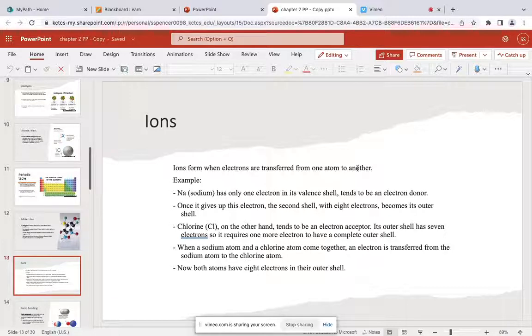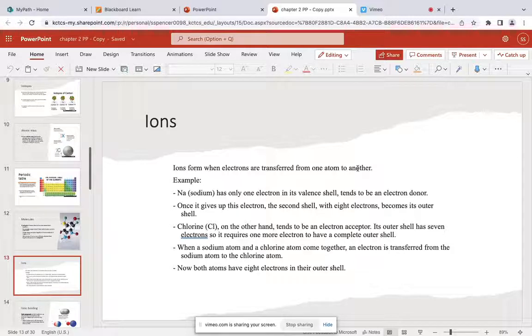For example, if I were to have an element that has two protons and two electrons, we know that to be helium, because helium's atomic number is 2, meaning that it has two protons. And we know that it likes to be neutral, so therefore it must have two electrons.